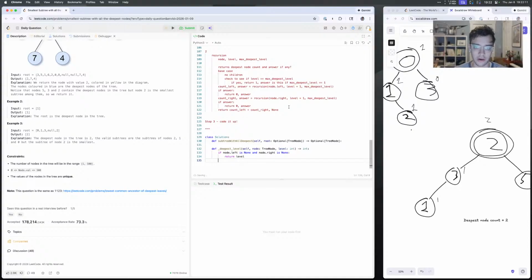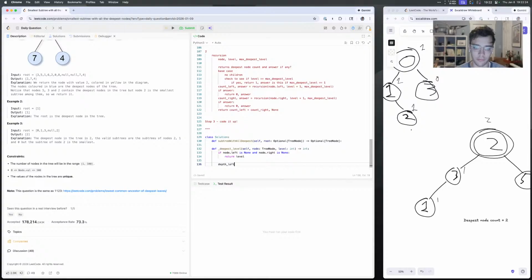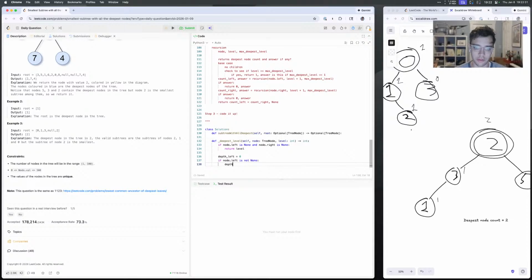Now I'll say left depth equals 0 if left is not none, else depth equals recursion.